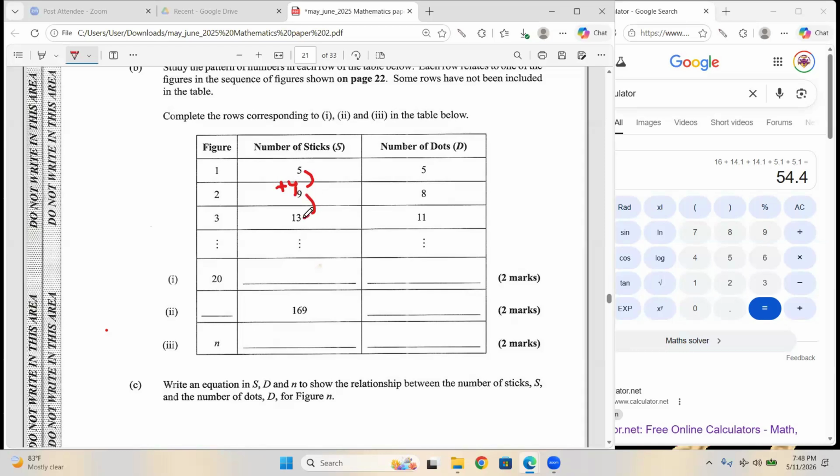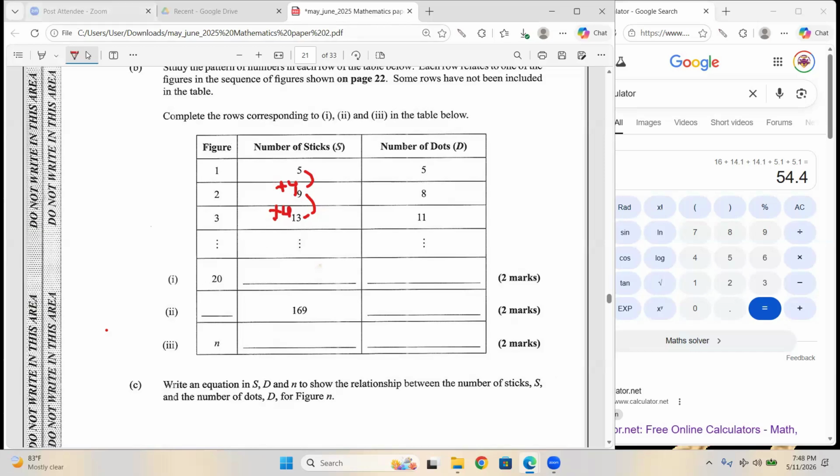And then from figure 2 to 3, it increased by 4 again. So it keeps increasing by 4 for the next consecutive figure. So our formula could definitely be something like 4 multiplied by the figure number, add 1. Let's try it and see.